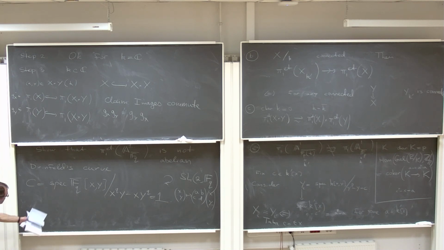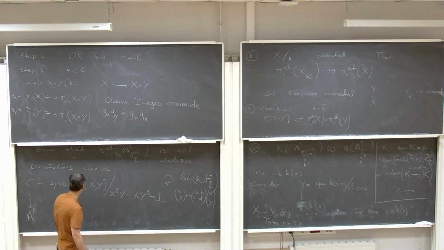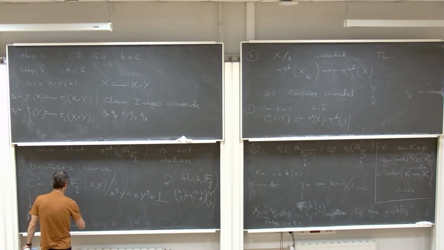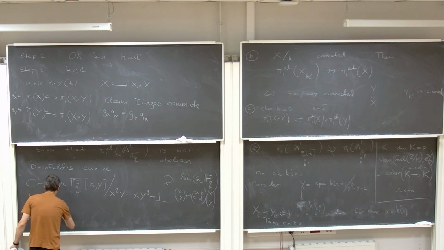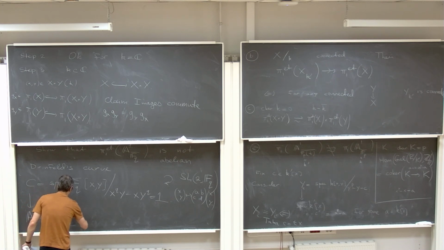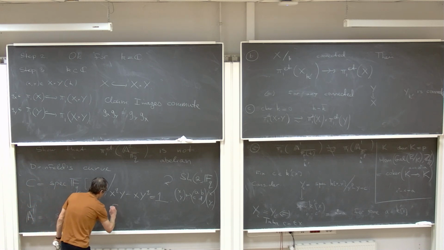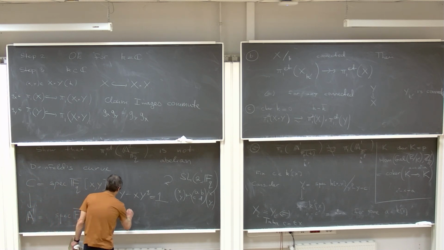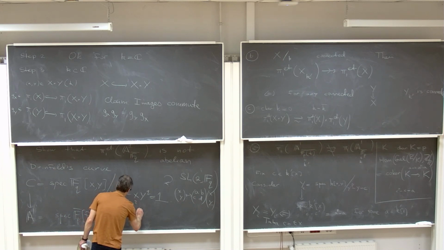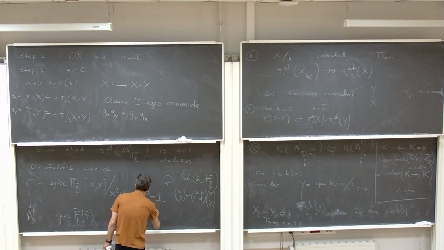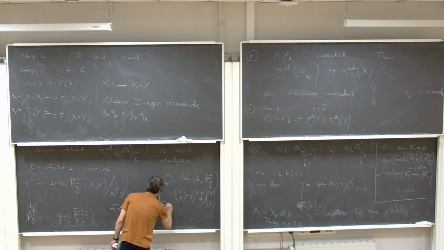Another property of this curve is that it admits a finite étale map to A1, whose Galois group is precisely this. So this will be Spec F_q bar of f, and I will write down a formula for f. f is equal to x to the q squared y minus x y to the q squared.